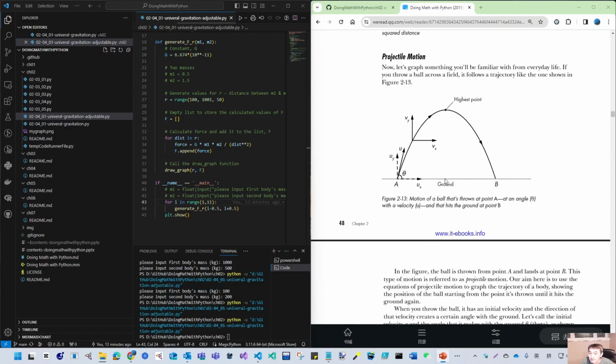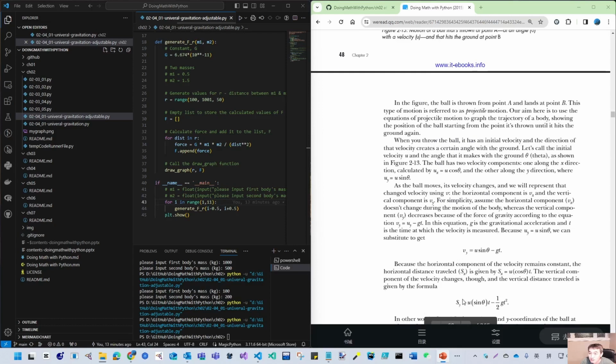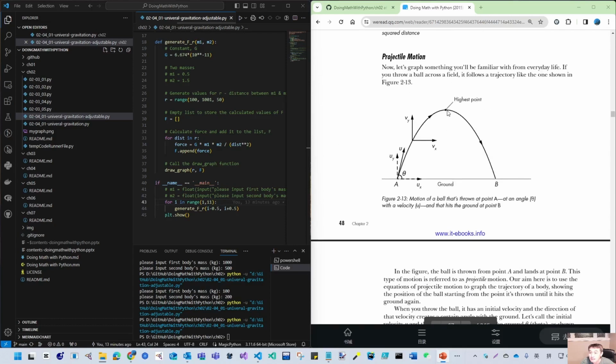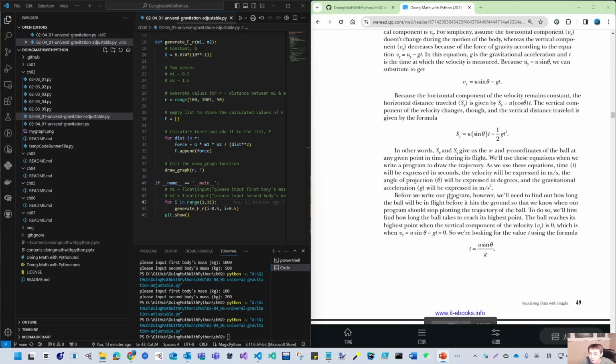That is when sy reaches the maximum, and at this time the velocity in y, vy, is 0, because it has no upward speed to keep going further up. So we set u sine theta minus gt to 0, which means vy is 0, and then we can calculate t.